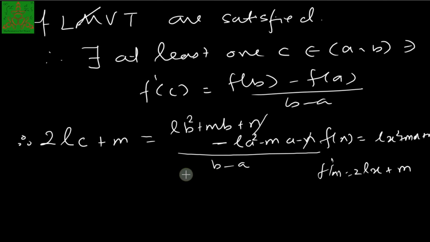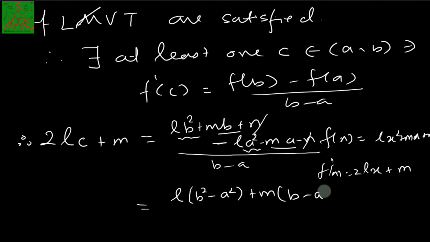Just observe that n gets cancelled out, and from these two terms m is common, and from these two terms l is common. So we are left with l (b squared minus a squared) plus m (b minus a) upon b minus a. In the numerator, b squared minus a squared is factorized as (b minus a)(b plus a), and b minus a is common.